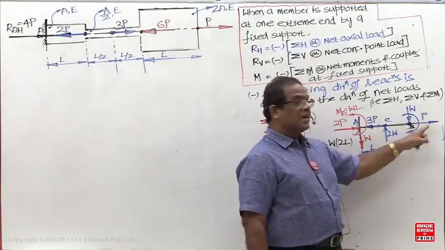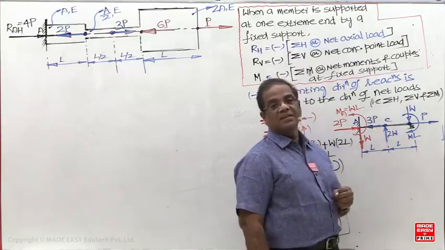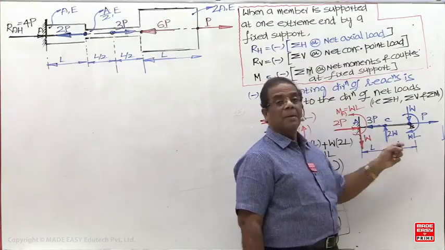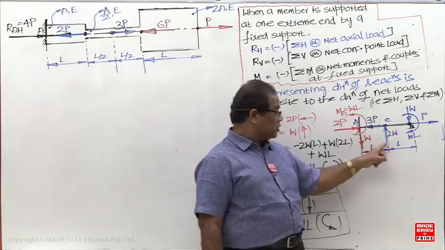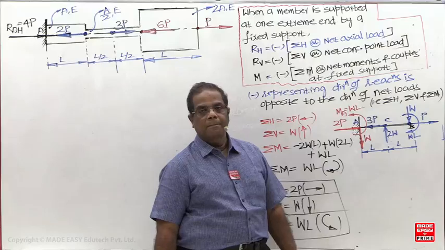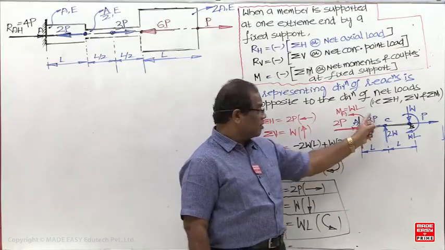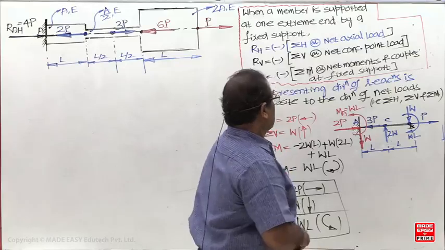At B, axial load is plus P, shear force is plus W, and bending moment is minus WL. But at C, 2 axial loads, 2 shear forces, and 1 bending moment. If 1 couple is also there, then 2 bending moments will be there. That's all you have studied.